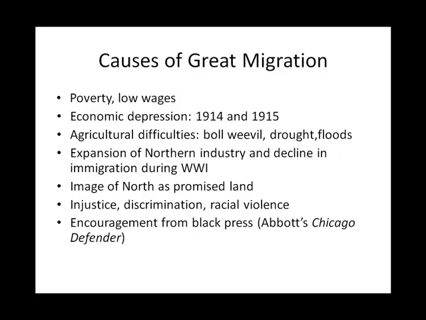These economic causes included poverty, low wages, agricultural difficulties like boll weevil infestations that destroyed cotton crops, drought, floods, all of these agricultural difficulties in the South, coupled with the expansion of northern industry and declines in European immigration during World War I. There was also the image of the North as an economic promised land.